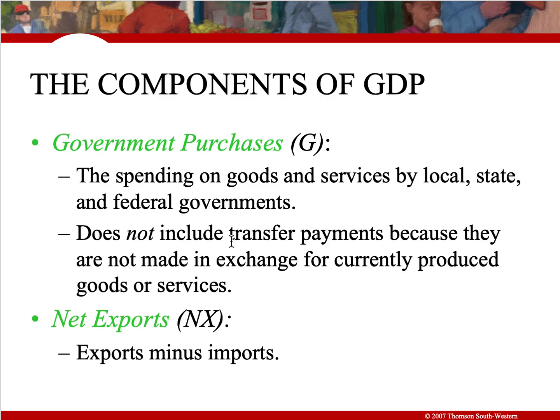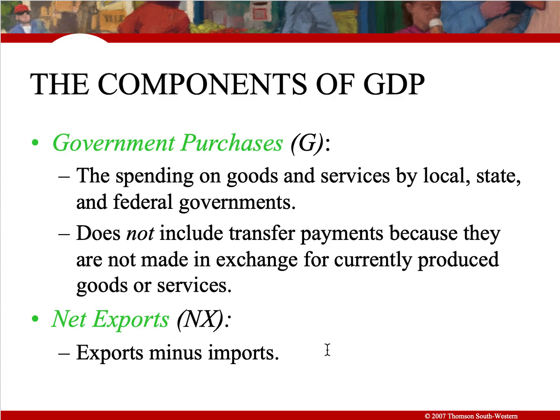For example, in 2020, you get a scholarship, bantuan khas, special payment from the government, but you don't produce any kind of goods and services in the year 2020. So this kind of expenditure made by the government will not be counted as part of the GDP under government purchases.